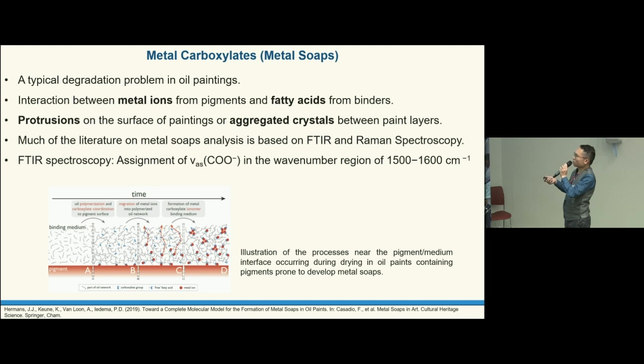And Dr. Hermans has researched these metal soaps for quite a long time, and if you're interested, you can refer to his publication. And this is an illustration of how these metal soaps form during the drying process.